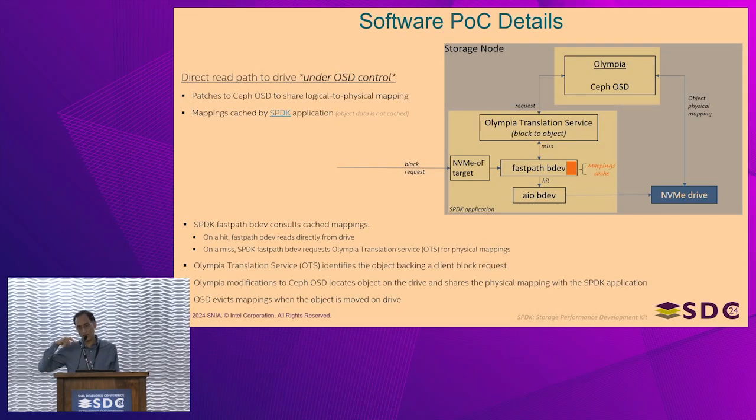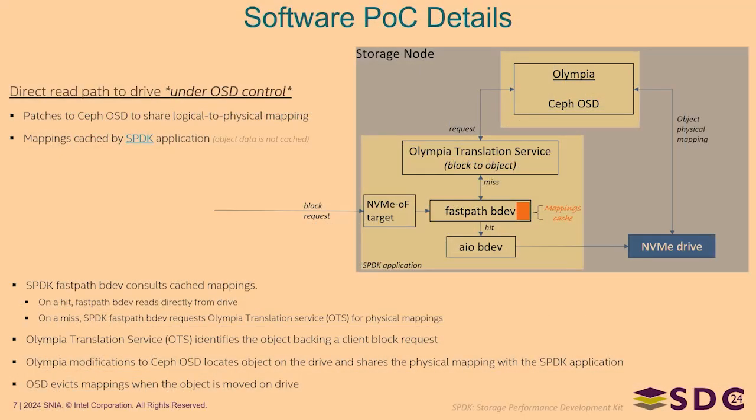The reason we need this translation service is because, like I mentioned before, the Ceph OSD, the object storage daemon, works with objects. A block image, the logical block image that a client is issuing IO requests to, is actually backed by underlying Ceph objects, right? The Ceph OSD patches that we've added just talk objects. So we need to do that translation from the block image and extent to the corresponding object which is backing it. Thankfully, this is algorithmic.